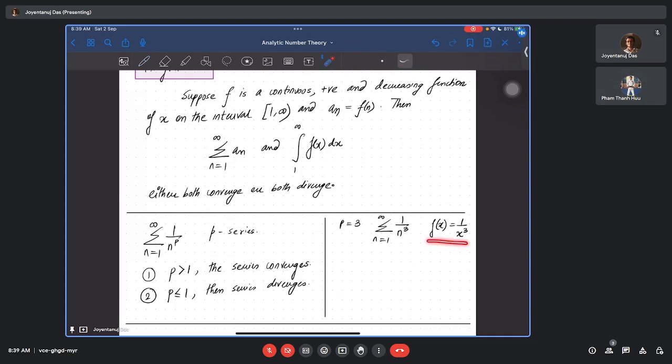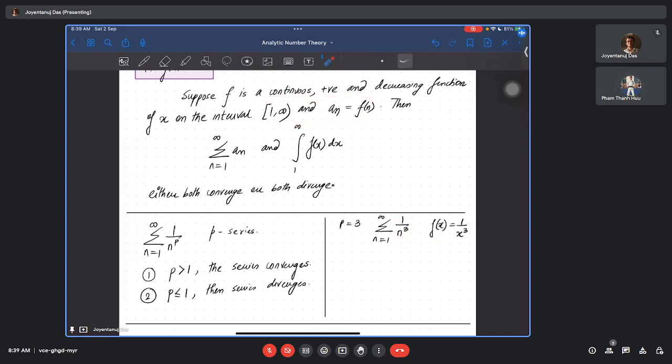It is continuous, it is positive in the interval 1 to infinity, and it is a decreasing function because it is a reciprocal function. And an equals f of n, since putting x equals n gives this an. So all the conditions are satisfied.